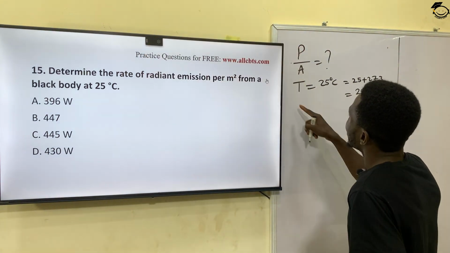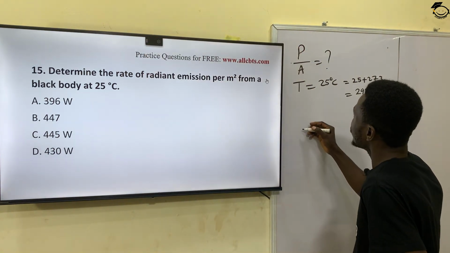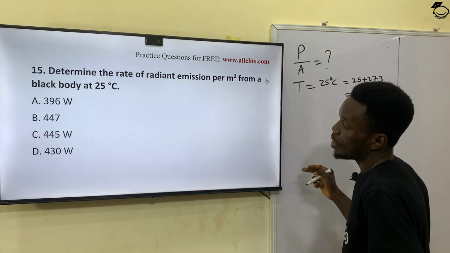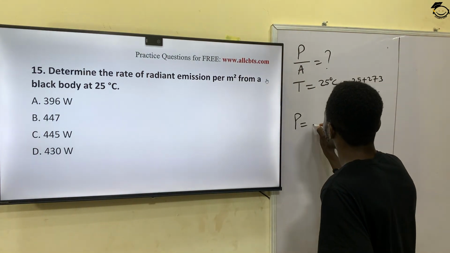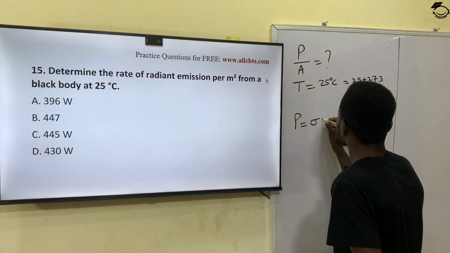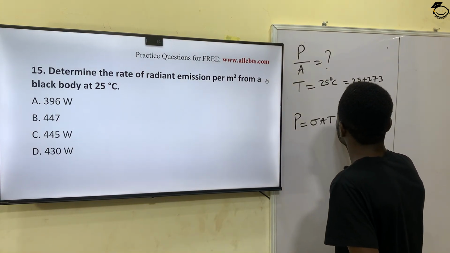Moving on from there, we are asked to find this, and the only way we can do this is when we use Stefan Boltzmann's formula, which says that power is equal to Stefan's constant times area times temperature raised to power 4.